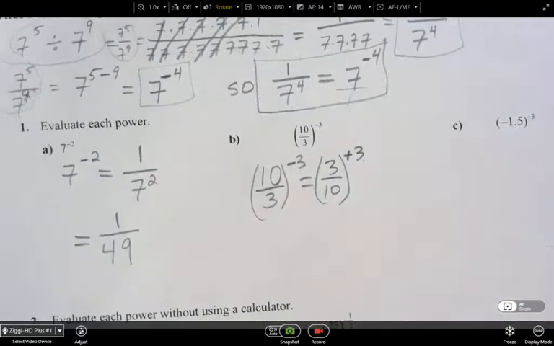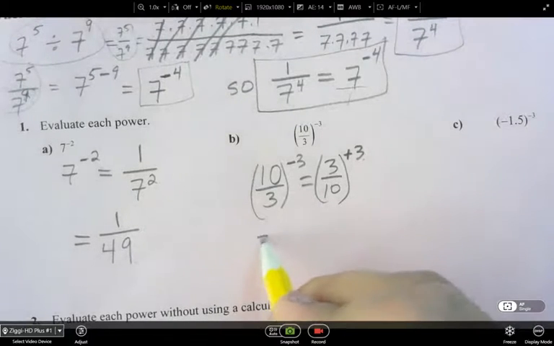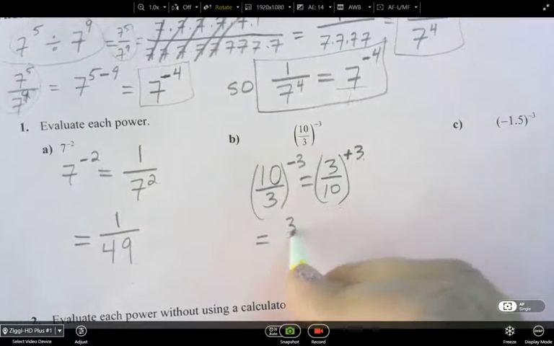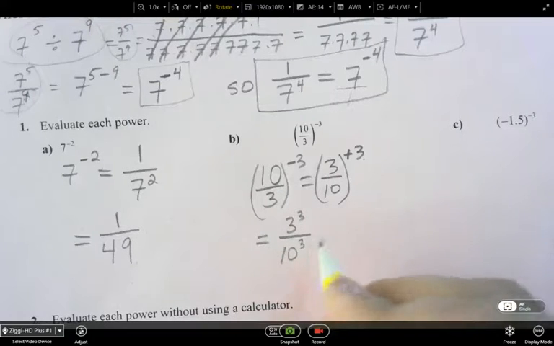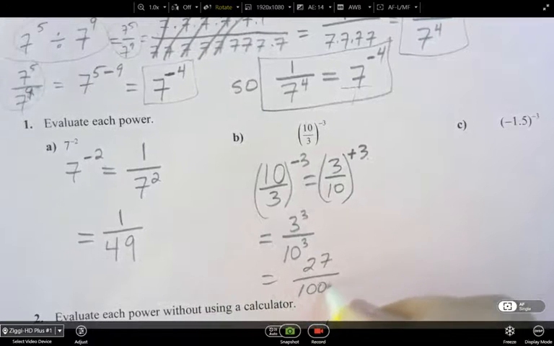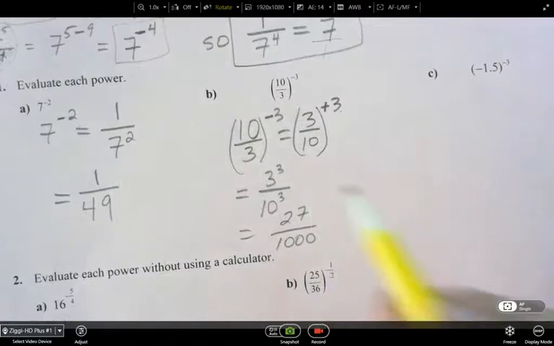Okay? So now what is my next step to evaluate? 3 to the power of 3 over 10 to the power of 3, which is? 27 over 1,000. Good.